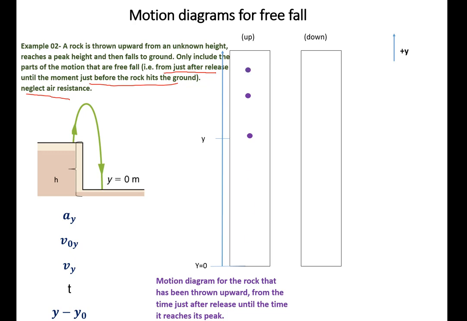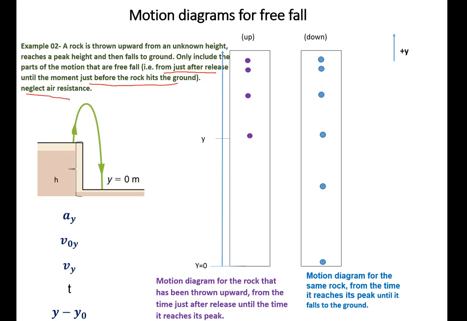You can see the dots represent the position of the rock at equal time intervals, right? And when it is moving down, you can see again the dots represent the position of the object at equal time intervals. All right.